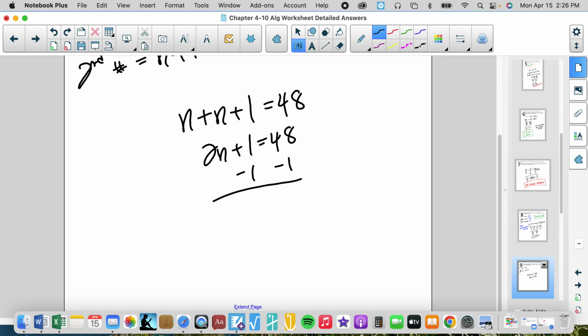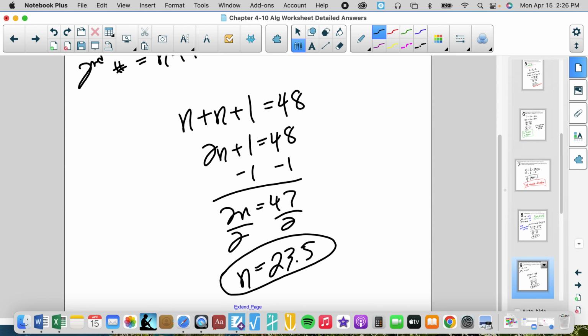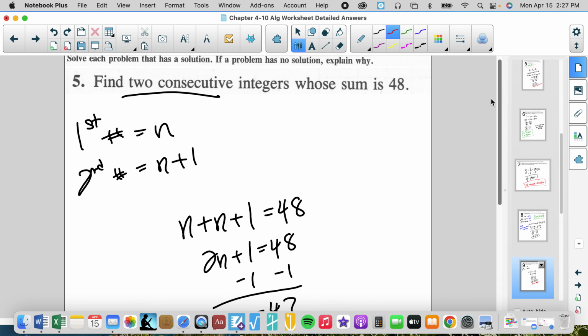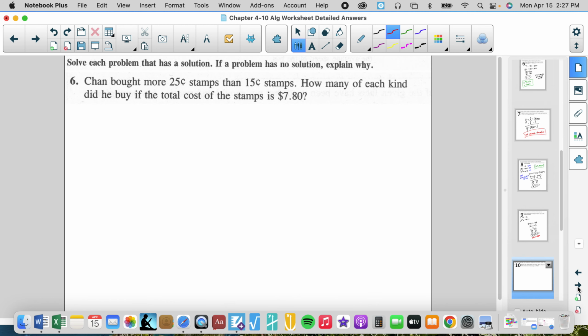Minus 1, 2n equals 47. Divide by 2. We get n equals 23.5. That is not an integer. That's a partial number, so that's why no solution for that one.